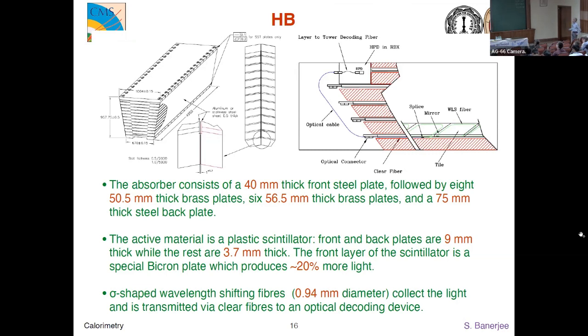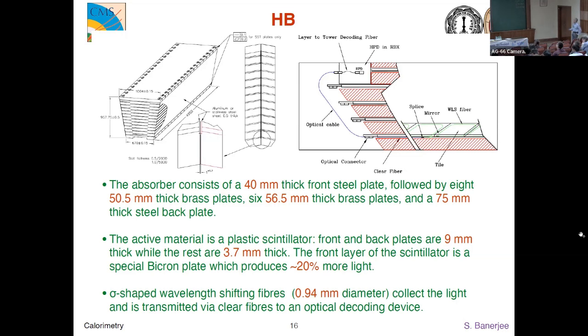The active material is made out of plastic scintillators. The one closest to the interaction point and the one farthest from it are both 9 millimeter thick, and all the rest are 3.7 millimeter thick.